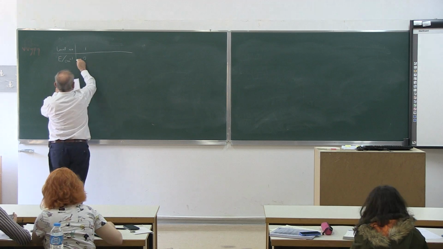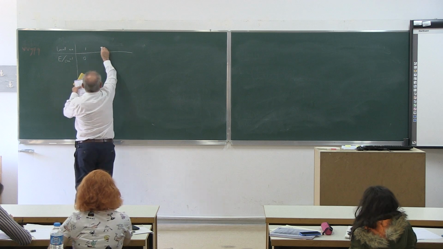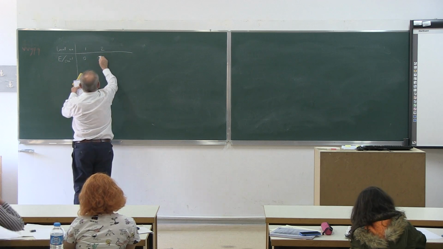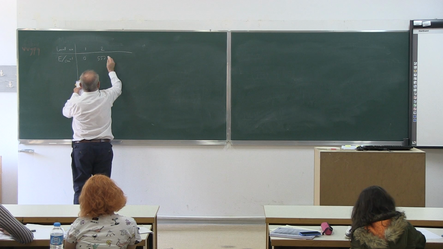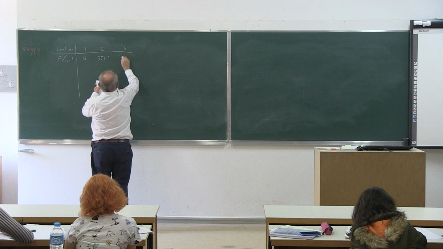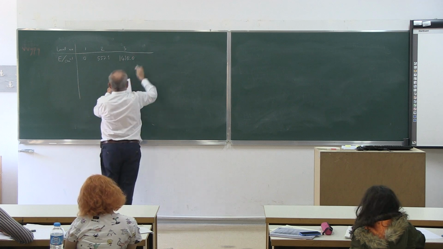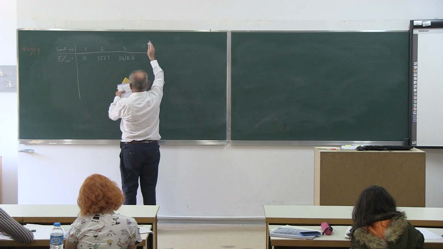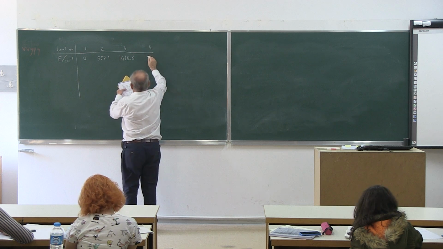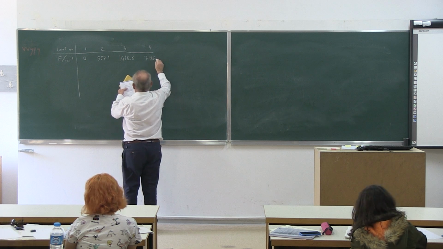The first level is taken as the reference, 0. The second level is 557.1 wave numbers above it. The third level is 1410 wave numbers in energy. The fourth level, 7125.3.